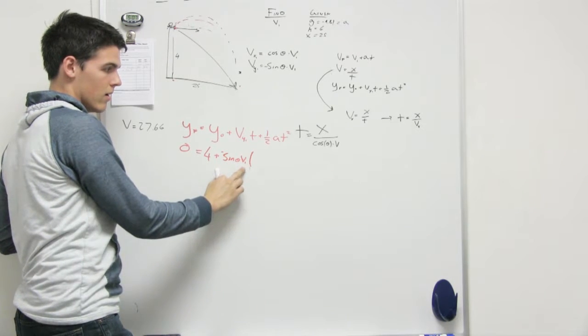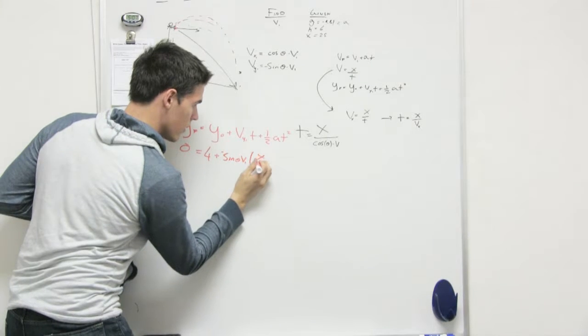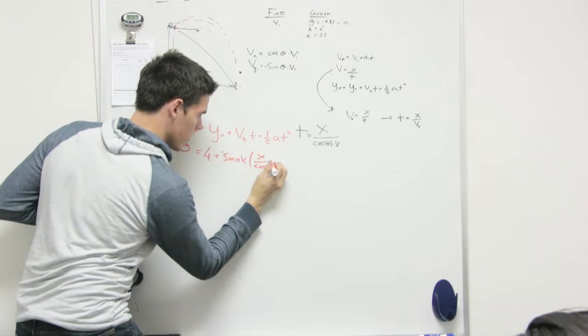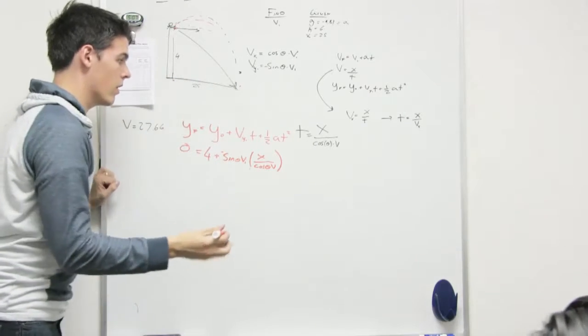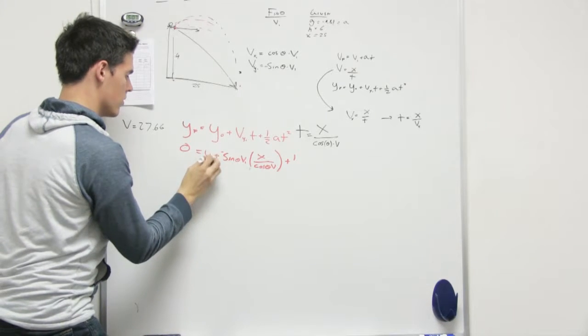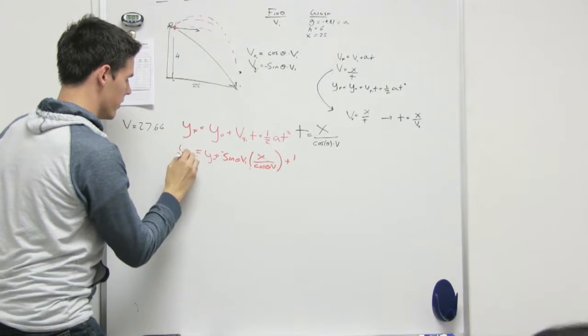Time is X over cosine theta times V. I'm just going to leave these as they are, so we know what they are.